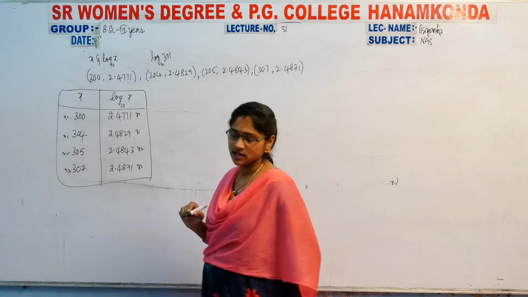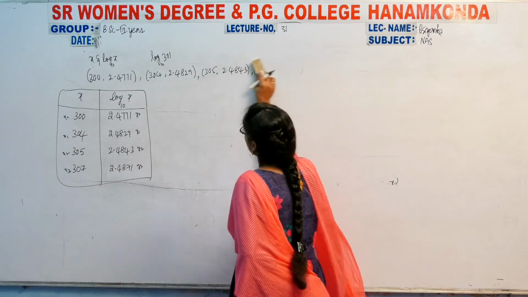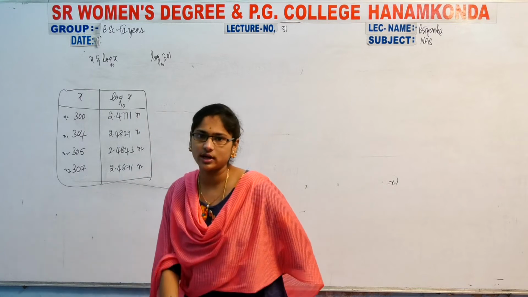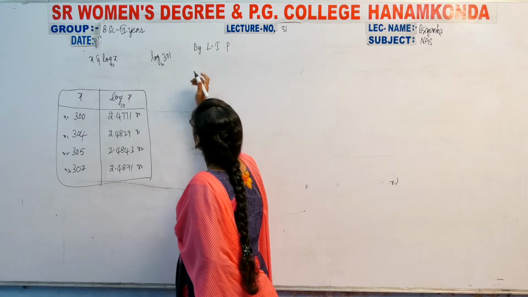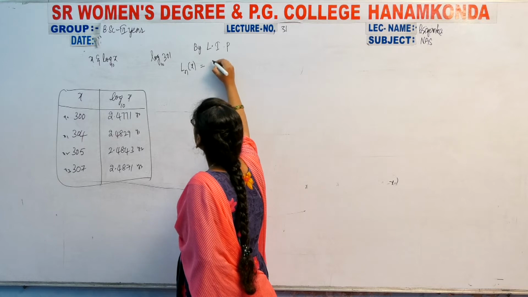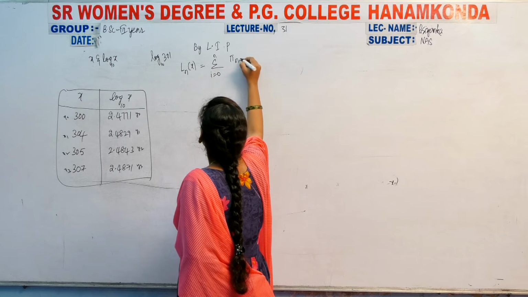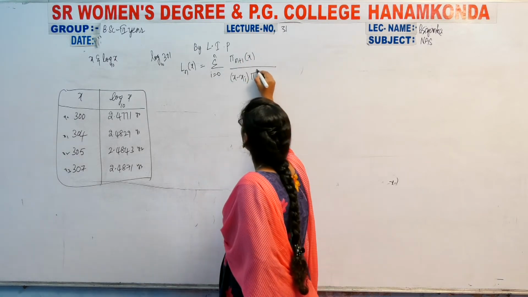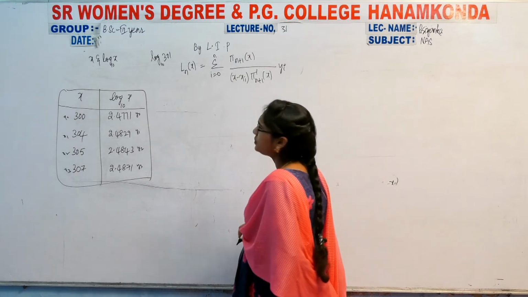Now here what they are asking is to find log 301. Okay. So now I am erasing this one. Now we have to use Lagrange's interpolation polynomial Ln of x is equal to, simply here, the formula: summation i is equal to 0 to n of pi n plus 1 of x by y.